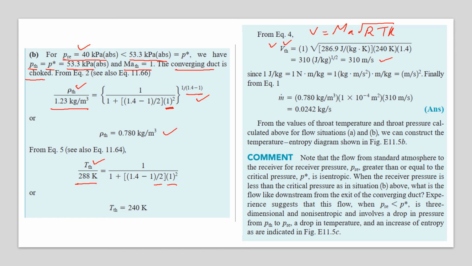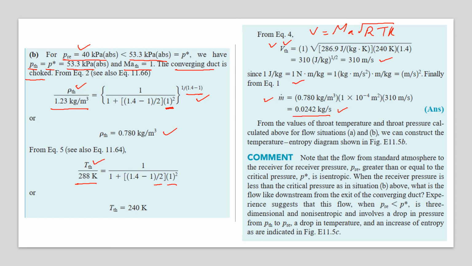So it will come out to be 310 meter per second. So by doing some conversions, finally we can use our equation for the mass flow rate, and it will come out to be 0.0242 kilogram per second.